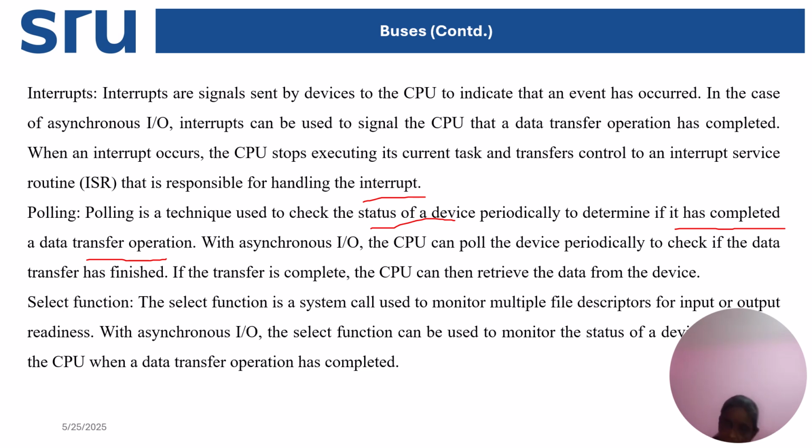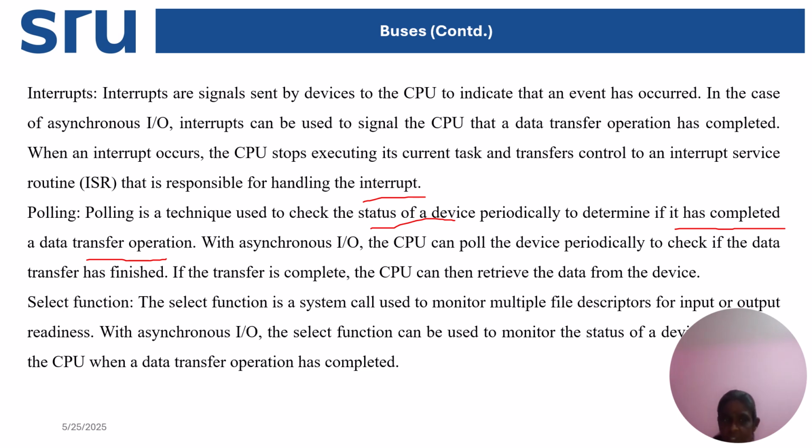The transfer is also started. When it is ending, since it is asynchronous, the processor speed is more and the IO device is less, so it may be delayed. Even though we know the speed of the CPU, the operation speed we do not know, because IO devices are very slow in speed. So it has to be indicated back.